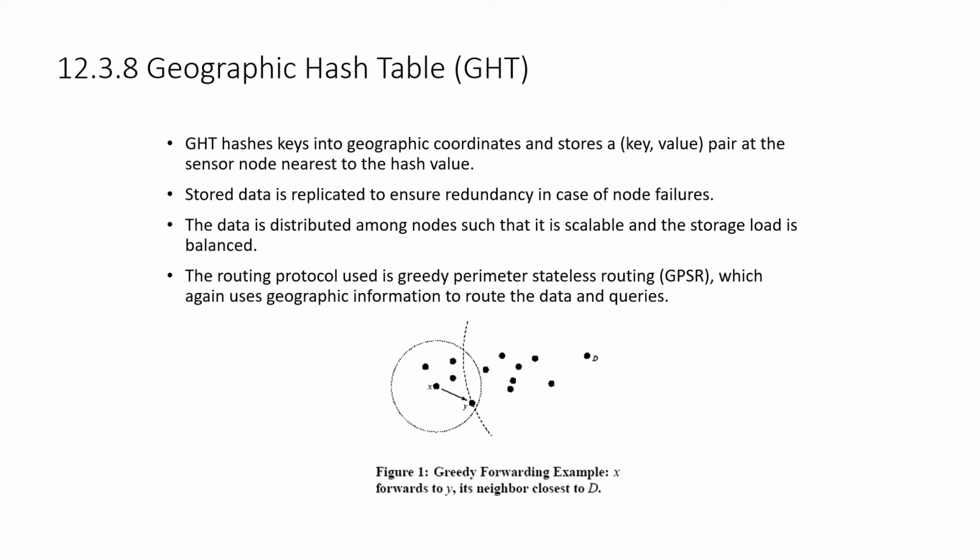The data is distributed among nodes such that it is scalable and the storage load is balanced. The routing protocol used is Greedy Perimeter Stateless Routing, which again uses geographic information to route the data and queries.